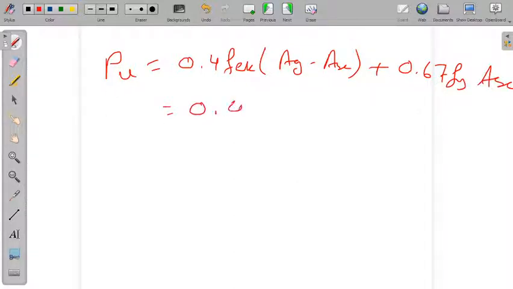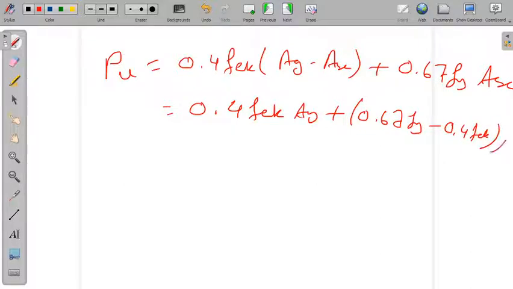So it is 0.4 FCK AG plus (0.67 FY minus 0.4 FCK) ASC. So this could be the equation finally. PU equal to 0.4 FCK AG plus (0.67 FY minus 0.4 FCK) ASC. Here AG is the gross area. Okay, so this is the condition.